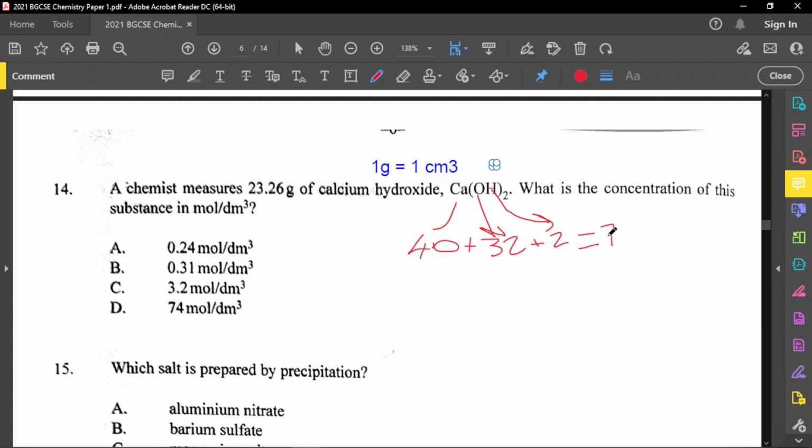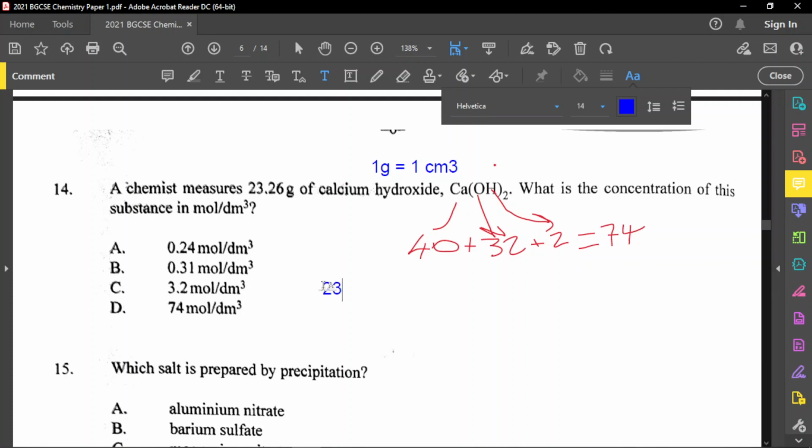Yeah, 74. All right. And so to find the number of moles, what we're going to do is divide the mass given, which is 23.26, by 74, and that is equivalent to 0.31.